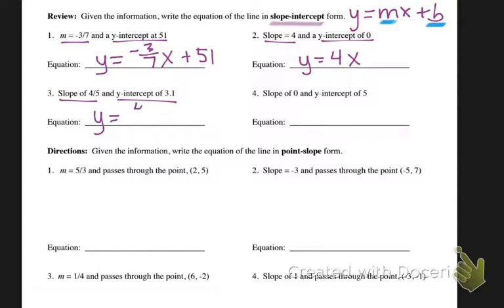Y equals 4 over 5x plus 3.1. Number 4, slope is 0, y-intercept is 5. Y equals 0x plus 5. We usually don't put the 0x, so we can just say y equals 5.